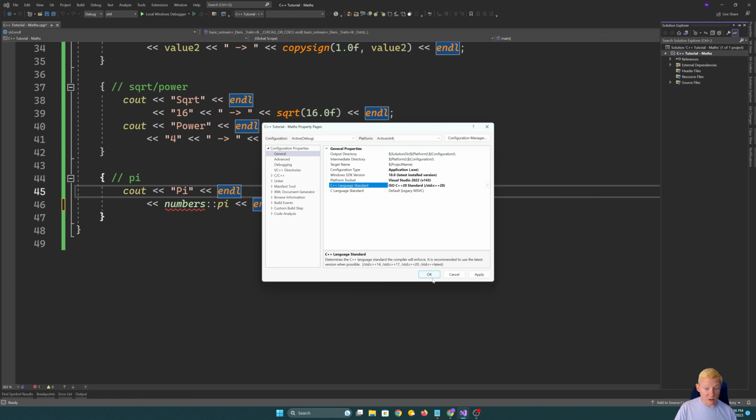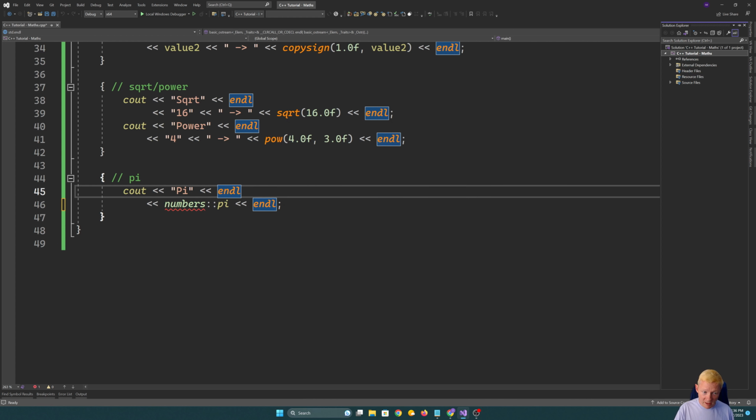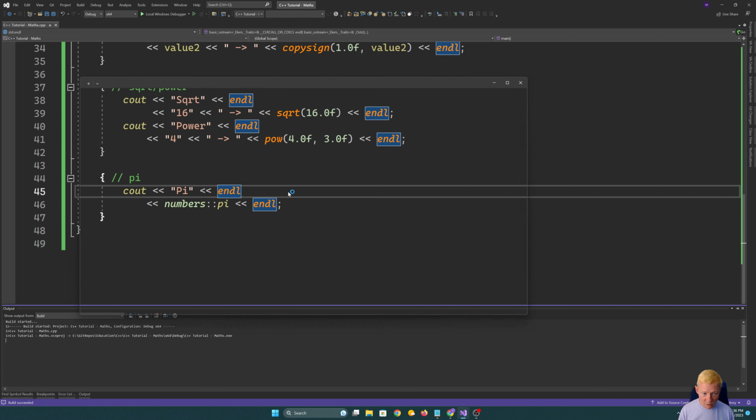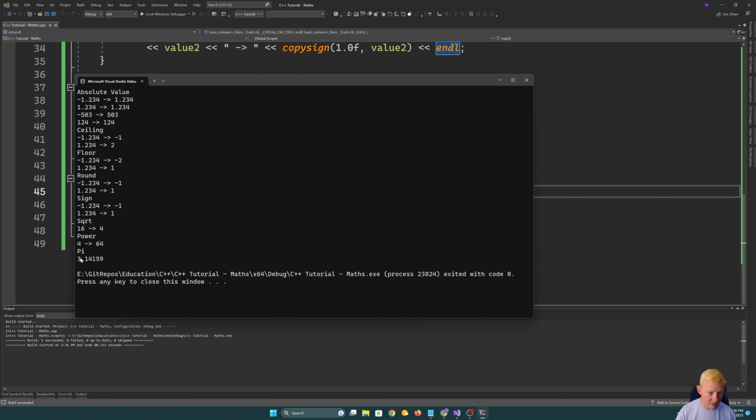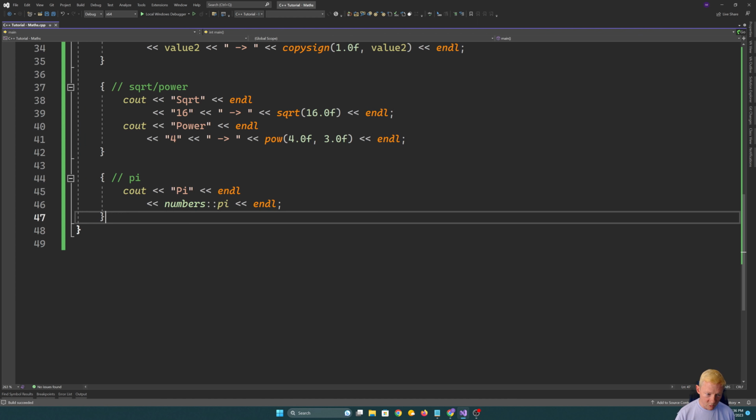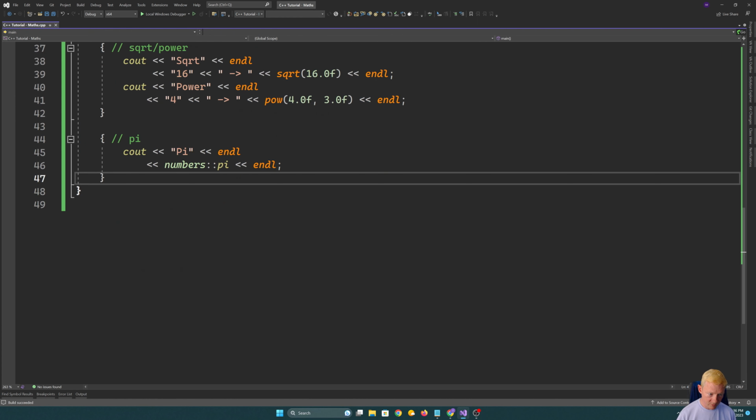So this is not an unusual thing that you might run into with other compilers as well. Now, as soon as we switch it to that, we can see the error goes away. And if we test for running it, we can see that we get a pi value being output. So just something to watch for, that you can run into where it's not going to have the particular version. So, okay, we've got pi now available.